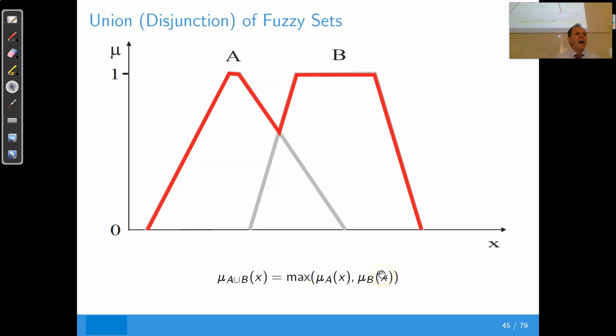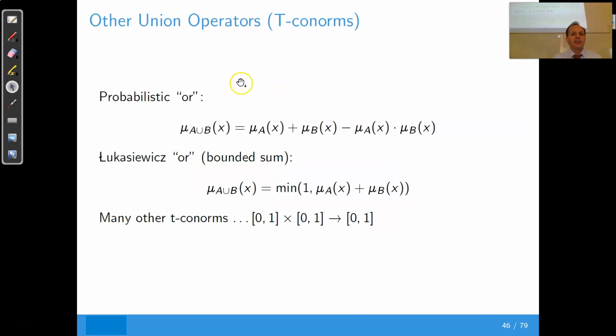This is one possible operation, because we have other union operators. For example, as for the intersection there was the probabilistic one, here we have the probabilistic OR, and the union is, as you can easily understand, the summation of the two fuzzy sets minus the intersection.